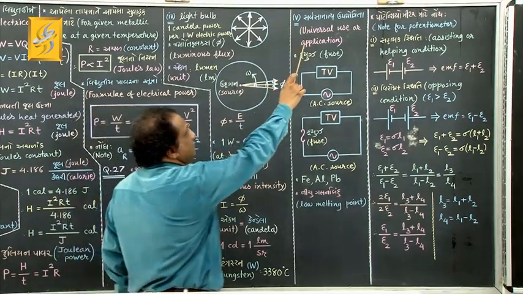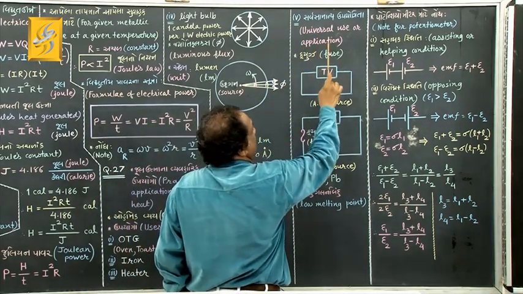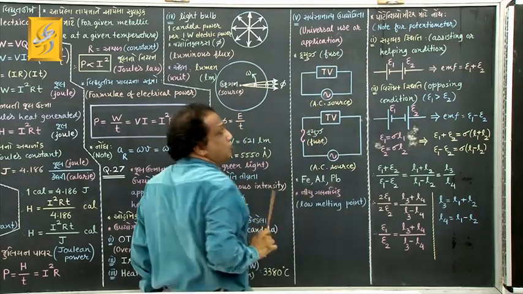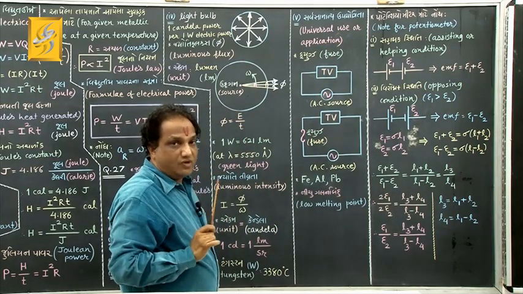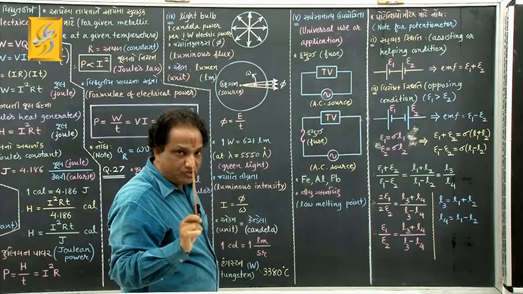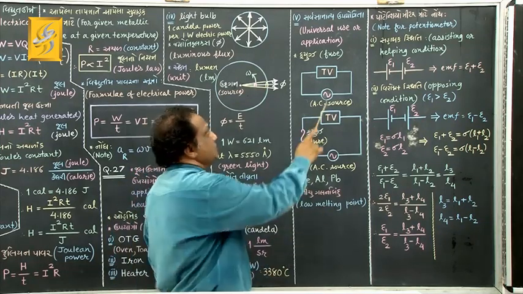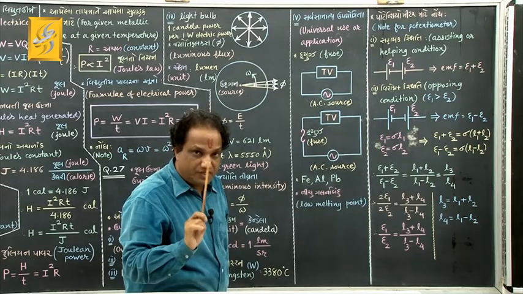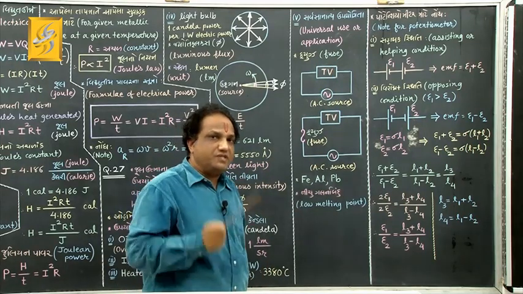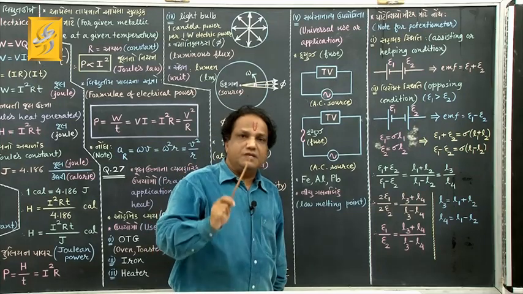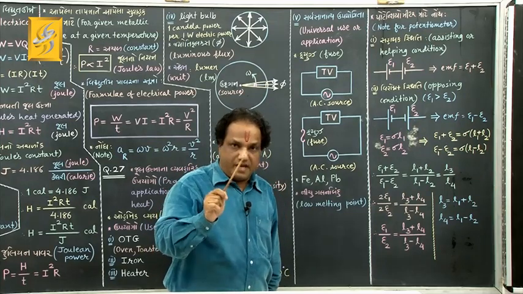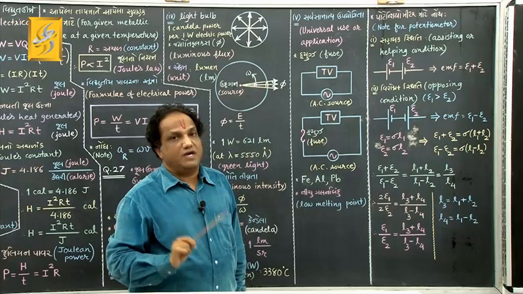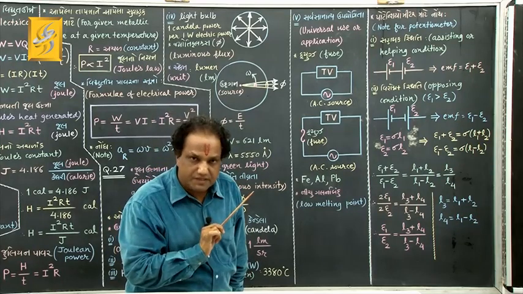Now, we go for universal use or application of Joule's heat. When we talk about universal application of Joule's heat, we should regard fuse. You must have heard this word fuse. But what is that? I am showing you. In Ahmedabad, the electrical power is supplied by Torrent Power Limited, correct?